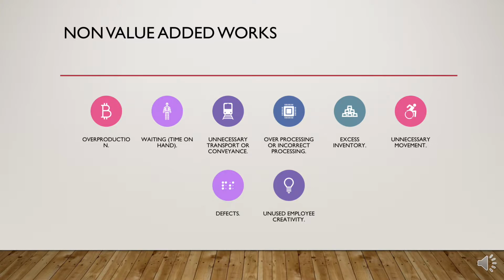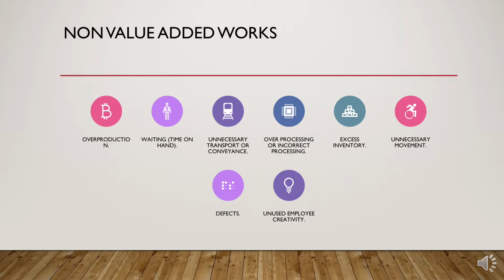The TPS, the Toyota Production System, is really working hard to minimize non-value added works and maximize value added works. The next non-value added work is unnecessary transport or conveyance: unnecessarily moving products from one department to another.